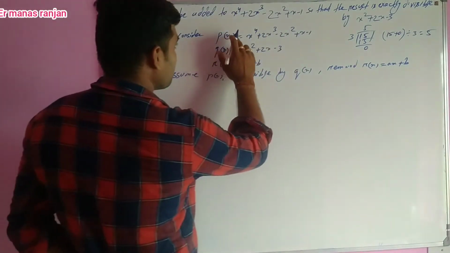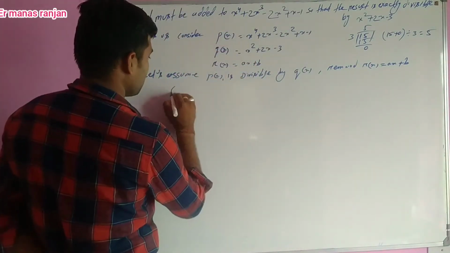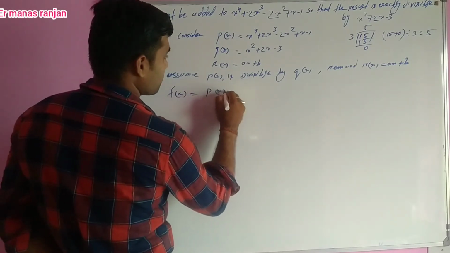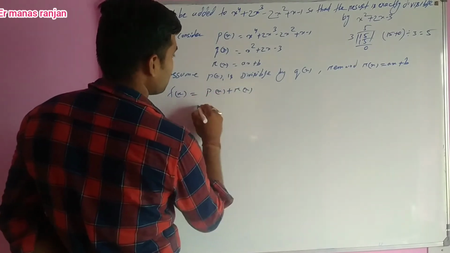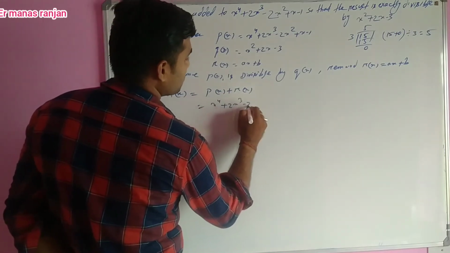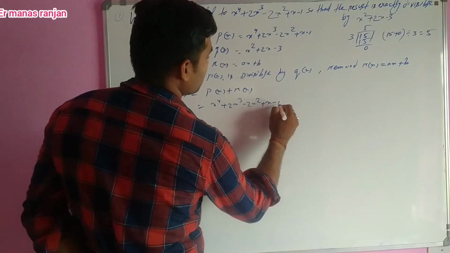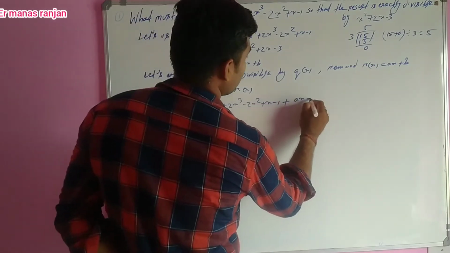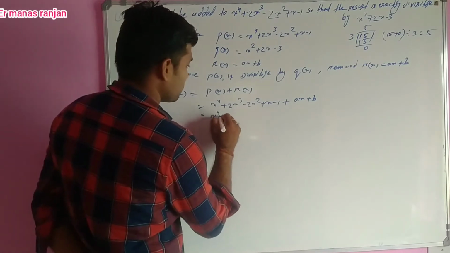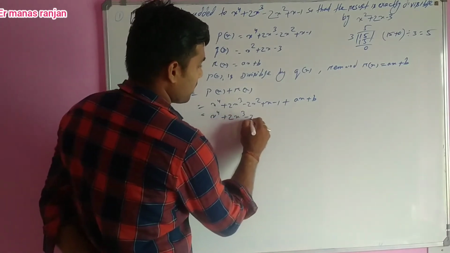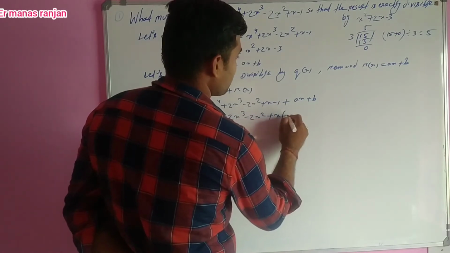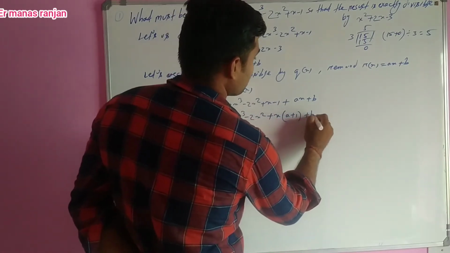If you add P(x) + R(x), let's call it another equation, F(x) = P(x) + R(x) = x⁴ + 2x³ − 2x² + x − 1 + ax + b. If you simplify it, you will get x⁴ + 2x³ − 2x² + x + ax. Take x as common: (a + 1), plus (b − 1).